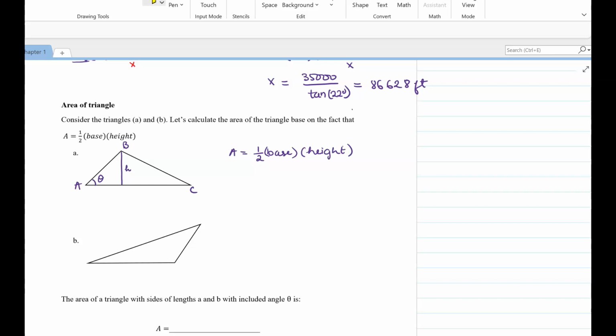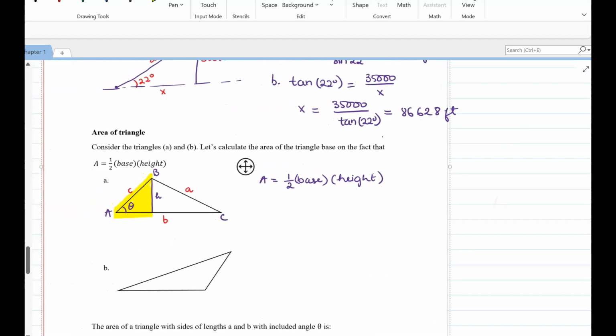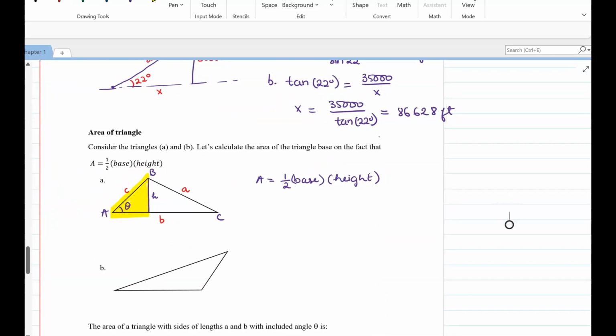If you look at this, here is a right triangle. Let's call the side opposite angle B small b, this small c, and this small a. I can say that sine of theta is equal to h divided by c, in this highlighted triangle here.